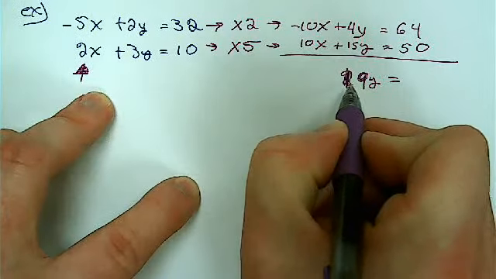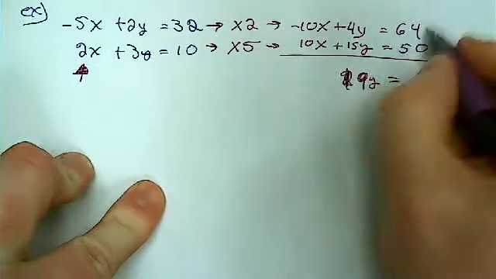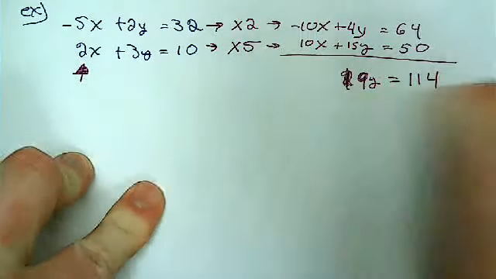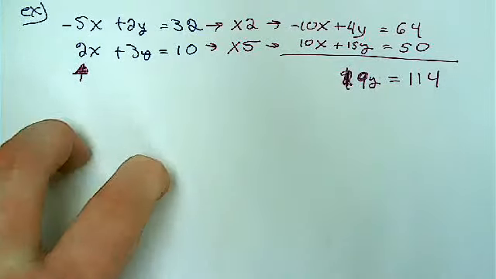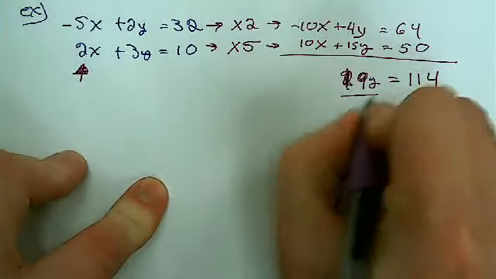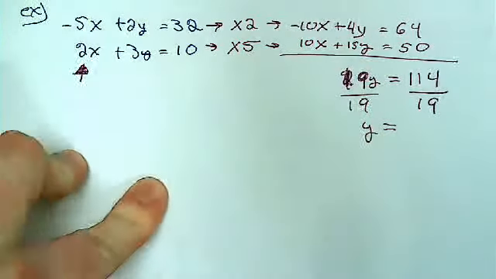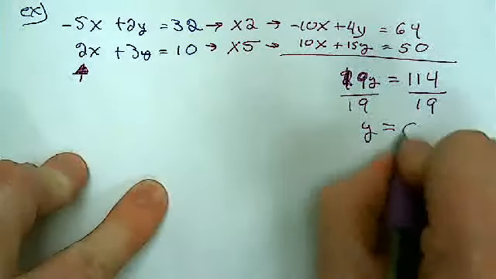I multiplied by 2 in my head earlier, that happens. And then this becomes 114. Divide by 19, and I get y is equal to 6.